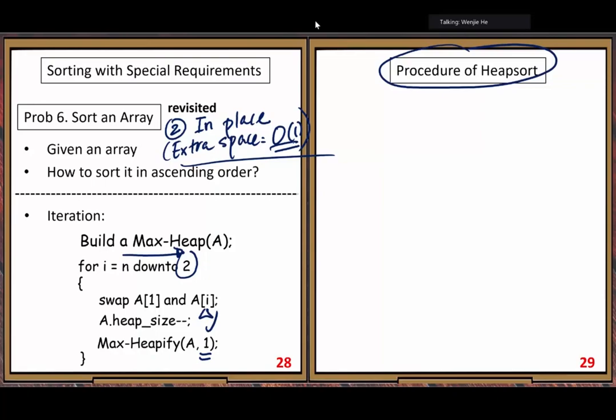Now let's look at the recursive algorithm.